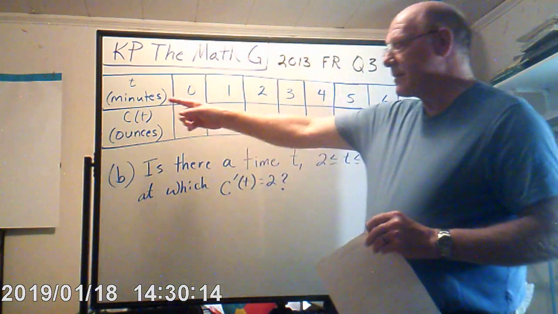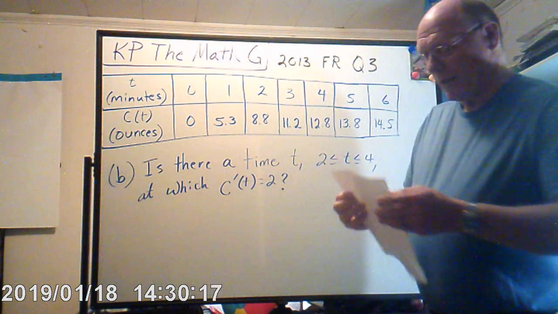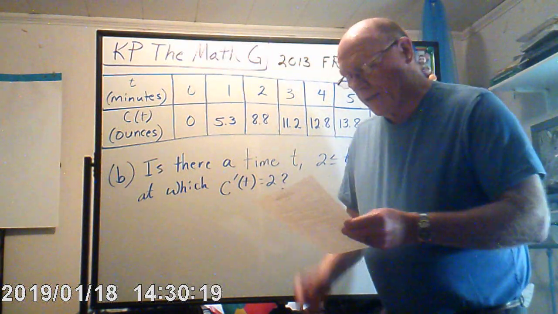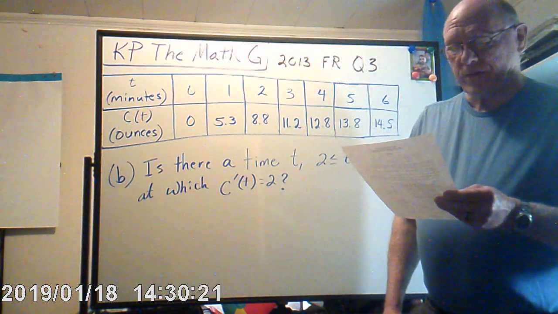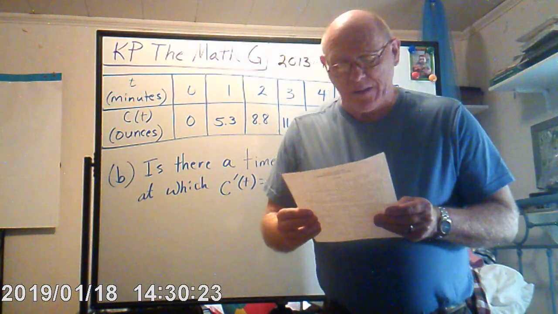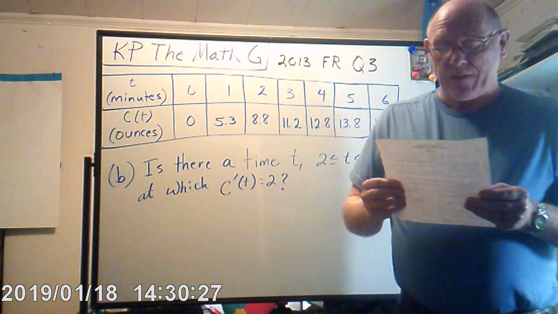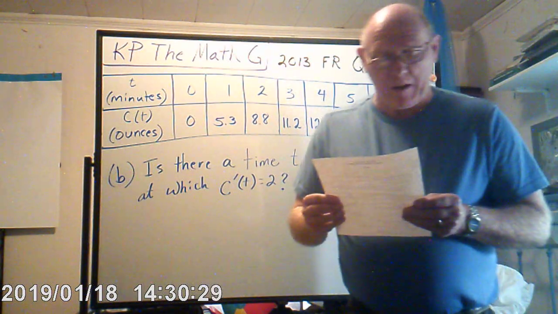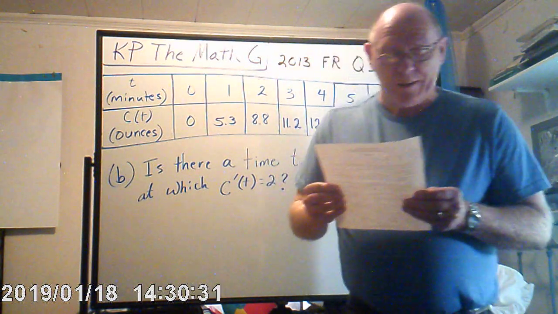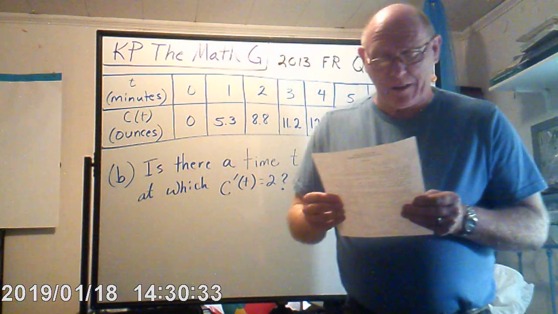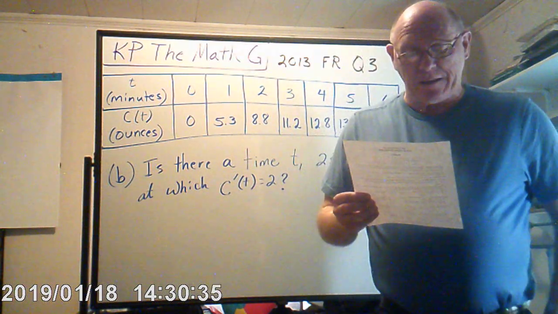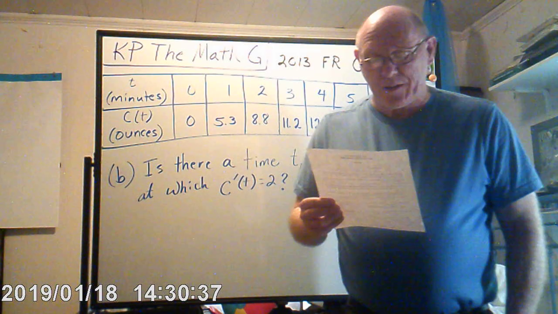You see that t is in minutes and C of t is in ounces. Hot water is dripping through a coffee maker, filling a large cup with coffee. The amount of coffee in the cup at time t, where t is between 0 and 6, including 0 and 6, is given by the differentiable function C.